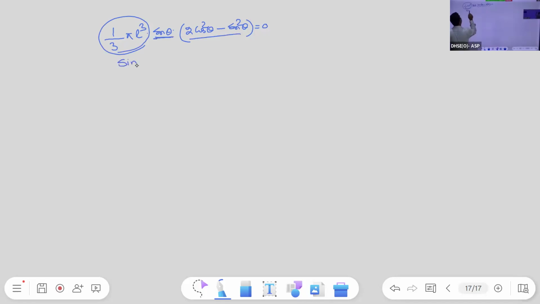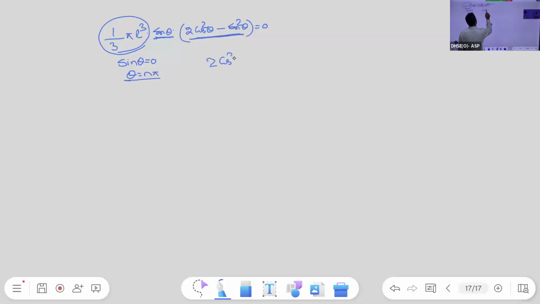So sin theta is equal to 0 implies theta is equal to n pi, which is impossible. If you take n is equal to 1, it will be pi, not possible. The semi-vertical angle can never be equal to pi. If you take n is equal to 0, then the semi-vertical angle is 0, and then it is not a cone. The only possibility is 2 cos square theta minus sin square theta is equal to 0.